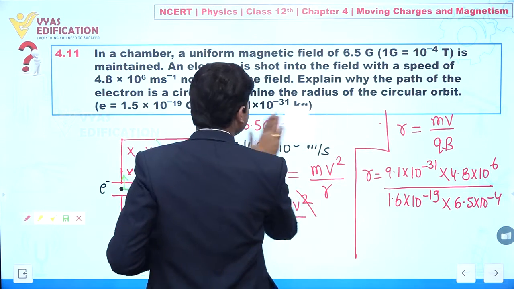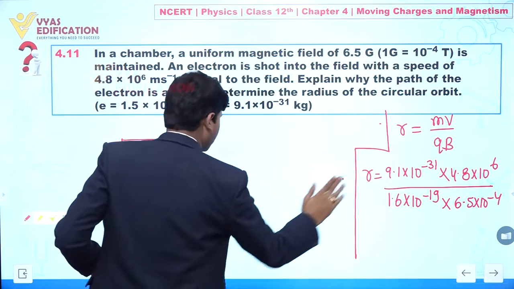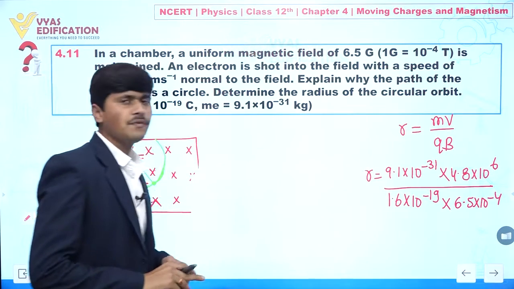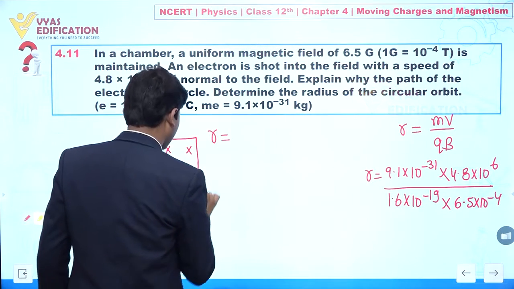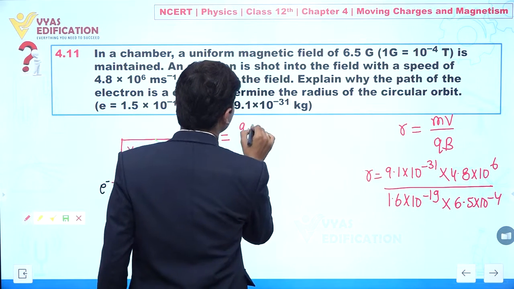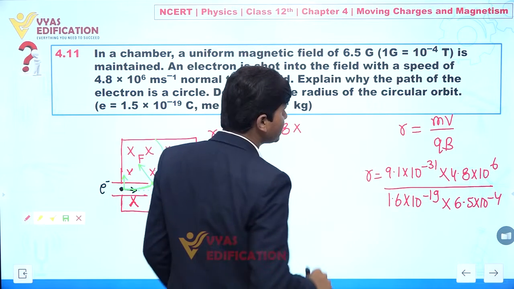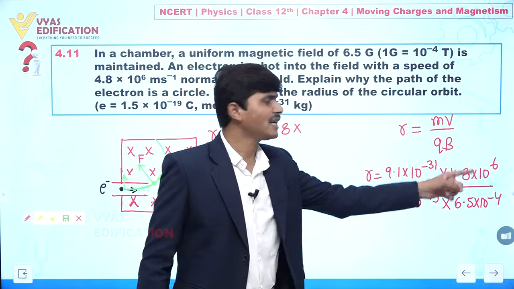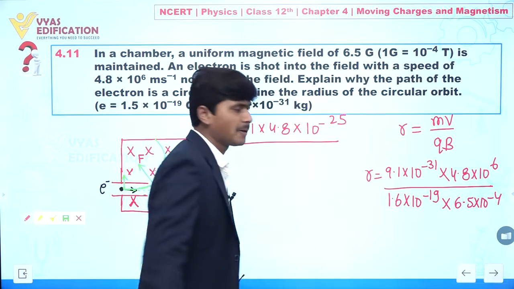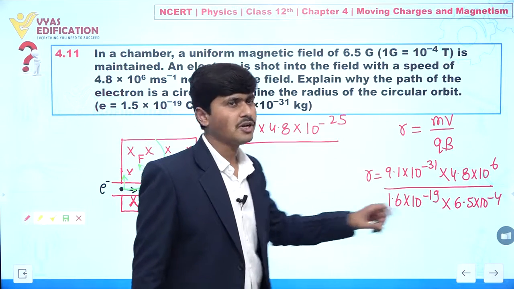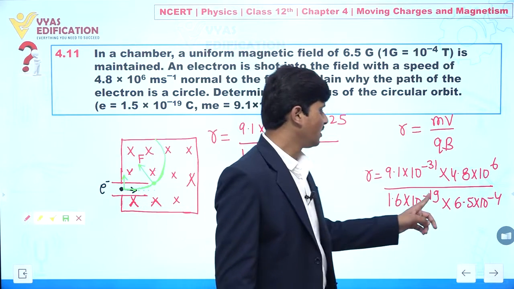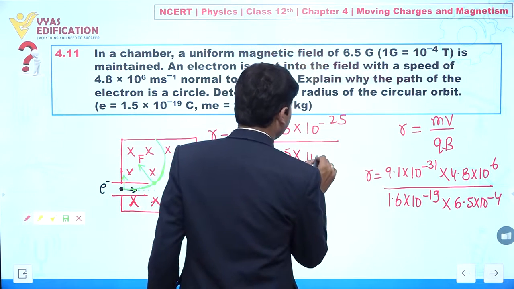Now concentrate. From here the value of r is given by 9.1 multiplied by 4.8, multiplied with 10 to the power minus 31 and 10 to the power 6, so 10 to the power minus 25, divided by 1.6 into 6.5, multiplied with 10 to the power minus 23.